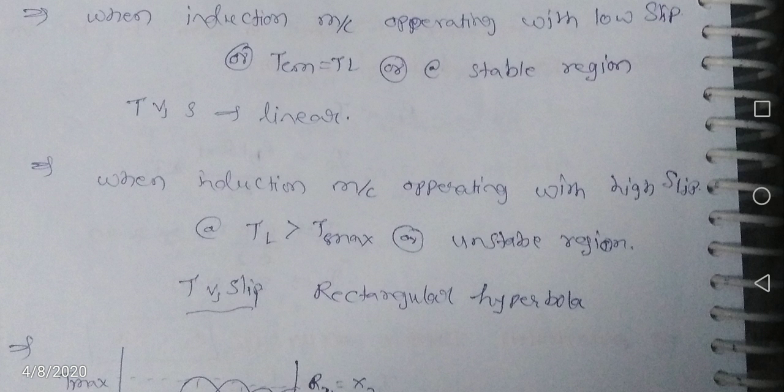An induction machine operating with a higher slip, the higher slip means at starting condition we get a higher slip. So in that condition, load torque is greater than maximum torque.